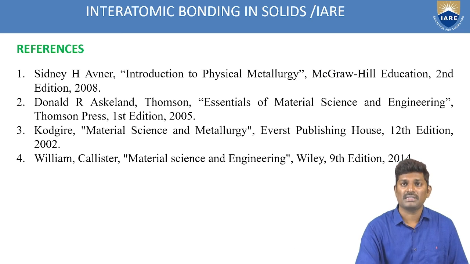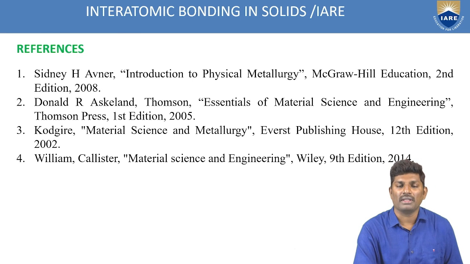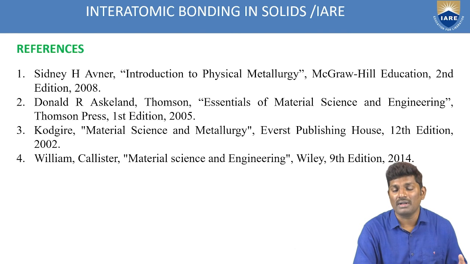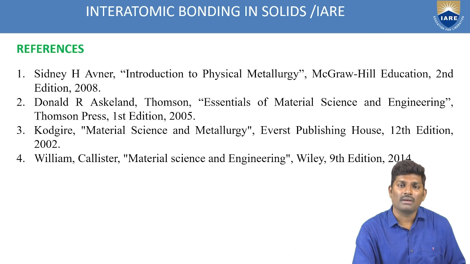Okay, so this is about the interatomic bonding between the elements. So these are the references where you can find the information about the interatomic bonding between the different types of elements, what the different types of interatomic bondings related to primary or secondary are, what the different bonding energies are, and what the different melting temperatures between the elements are.